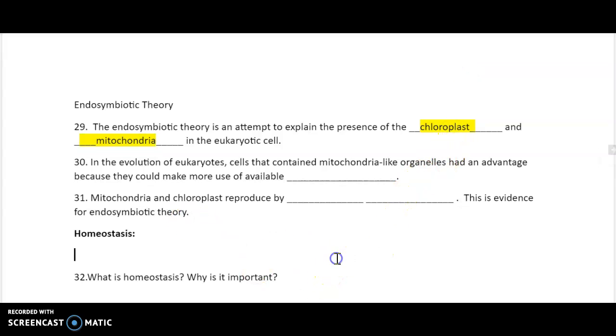So in evolution of eukaryotes, cells that contain mitochondrion-like organelles, so mitochondria is your key word there, have an advantage because they can make more use of available resources. If it's mitochondria, mitochondria is going to give us what? Mitochondria is going to give energy in the form of ATP. So if it's got a lot of mitochondria-like organelles, then it's going to have more energy in the form of ATP.